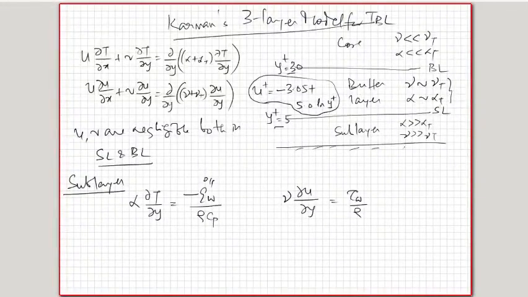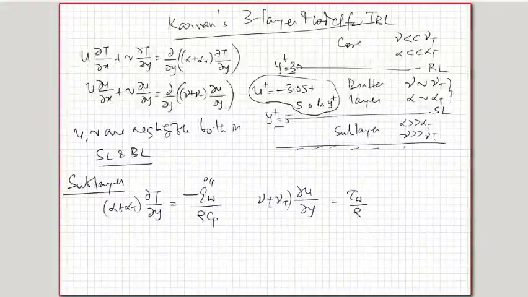Let me keep it first generic and then make it specific. So I'll write alpha plus alpha t and nu plus nu t. In both the sublayer as well as the buffer layer, I say that these expressions are valid.